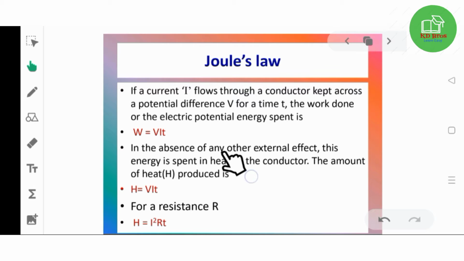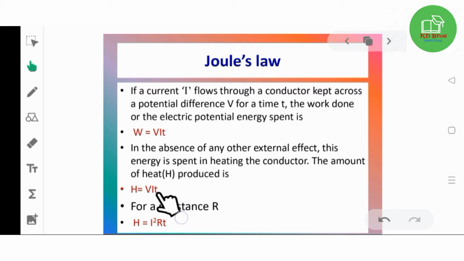In the absence of any other external effect, this energy is spent in heating the conductor. The amount of heat produced is H, which is equal to VIt.